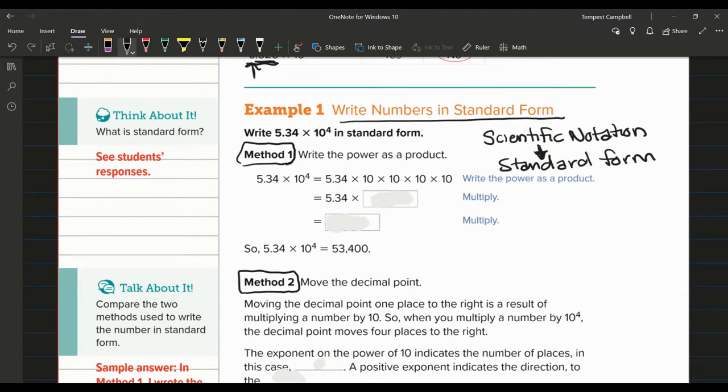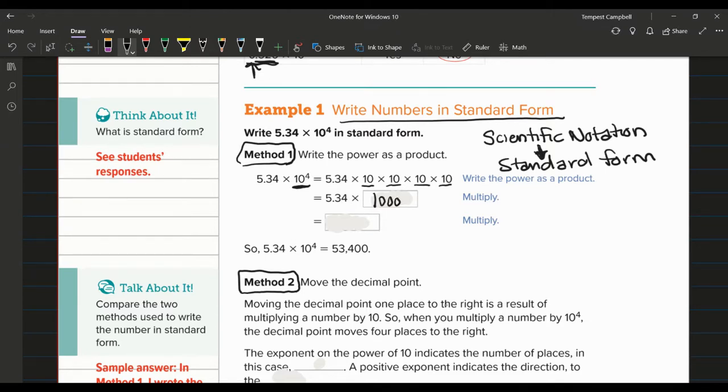So we're going to write the power as a product. So this is one way to do this. So we could just expand 10 to the power of 4. So that means we have 4 tens, 1, 2, 3, 4. We multiply all those out. We get 1 times 1 is 1, 1 times 1 is 1, 1 times 1 is 1. So we have 1, and then we have 1, 2, 3, 4 zeros.